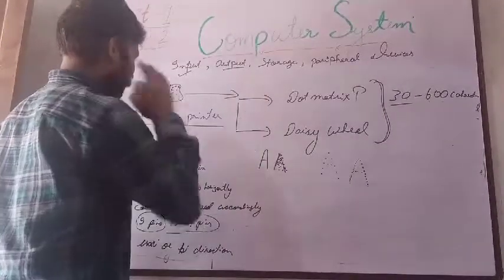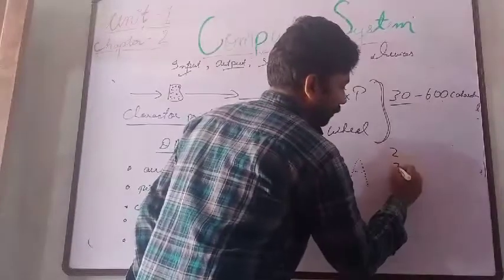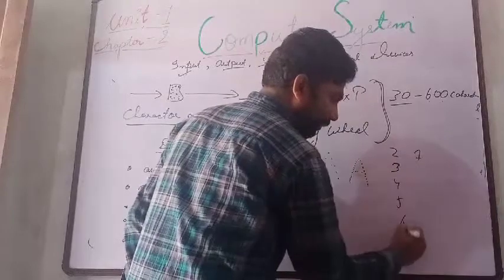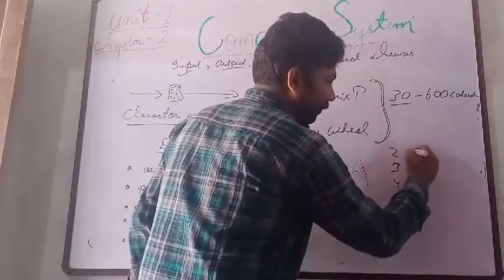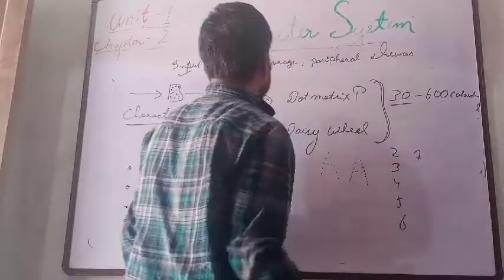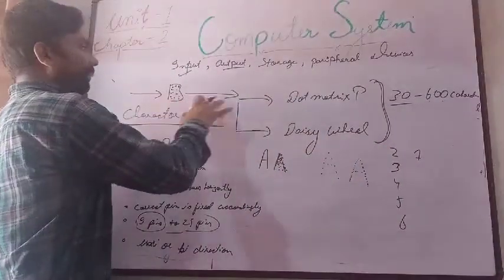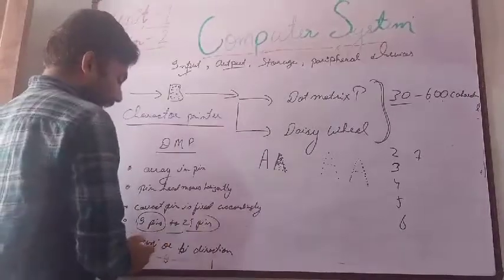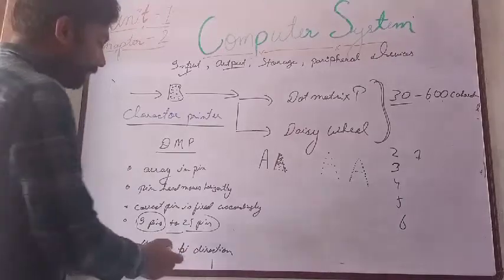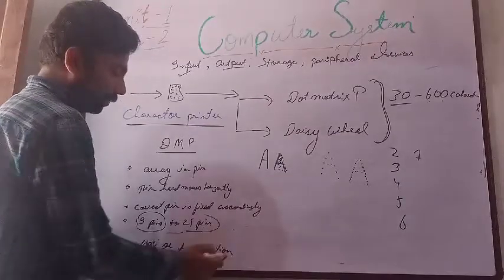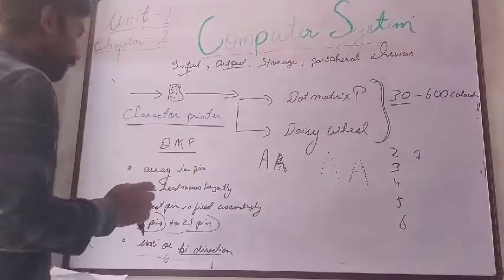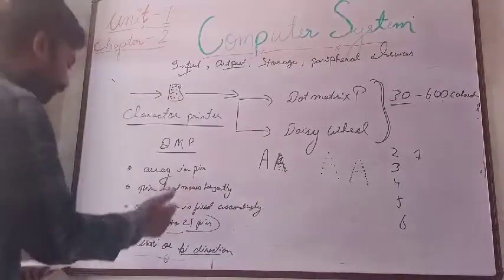Like if you are writing something, 1 2 3 4 5 6 7, see, first we moved down and then again we moved horizontally to the right hand side, then again we moved down, meaning the pin head movement can be possible in all directions. So as the printer developed time by time, it became bi-directional also, meaning the print can be formed in both directions. The print head can be moved.